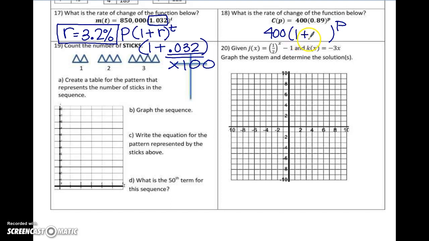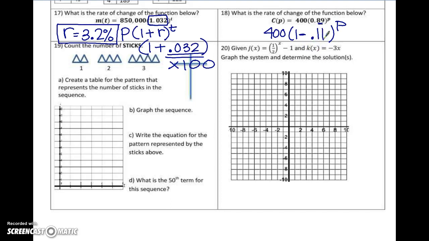If I do 1 plus, I need to add a number to get 0.89. So that's less than the number 1. So really, how much do I subtract to get the 0.89? So from 1, I subtract 0.11.